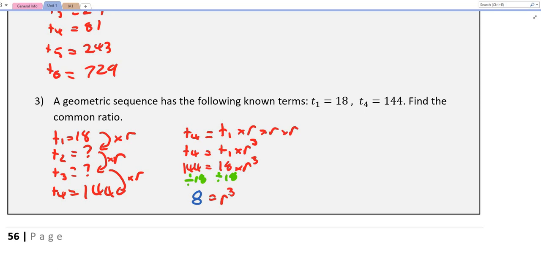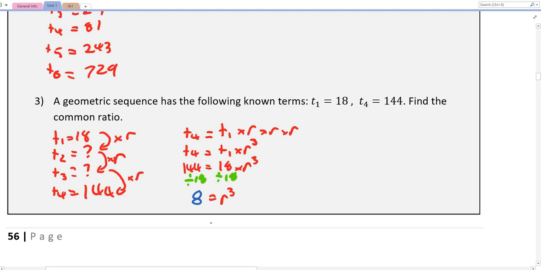The reason I expect you to know those things, guys, is that it is possible in the tech-free exam that you will get a cube root of 27, of 64, of 8. How do you know? Just do it in your head. So r cubed means I have some number times by itself, times by itself, times by itself to get 8.